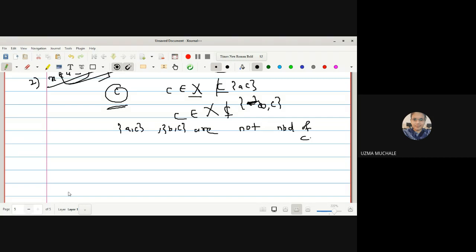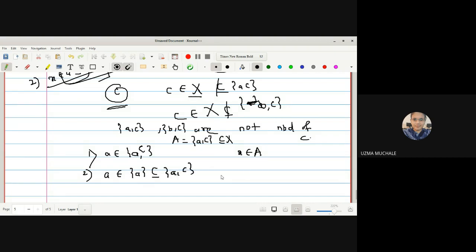Now, can you tell me whether AC is a neighborhood of A? First condition we will verify: whether A is a member of AC, just like x is a member of capital A. What is capital A? Capital A is AC, a subset of X. Next condition: A belongs to some open set, which is contained in AC.